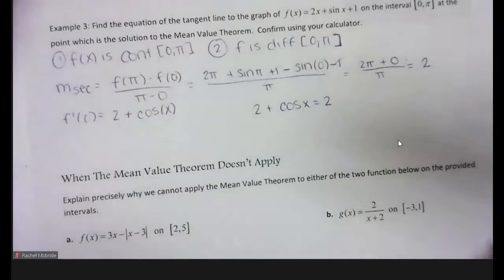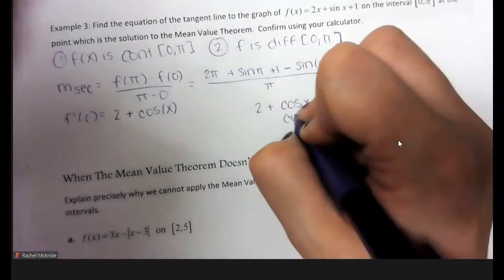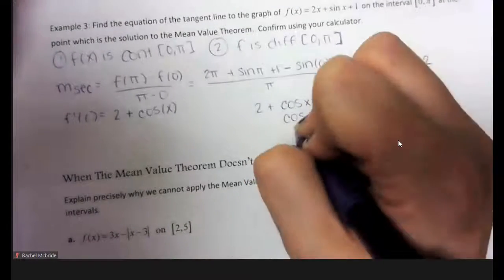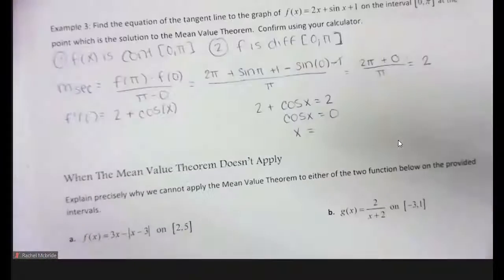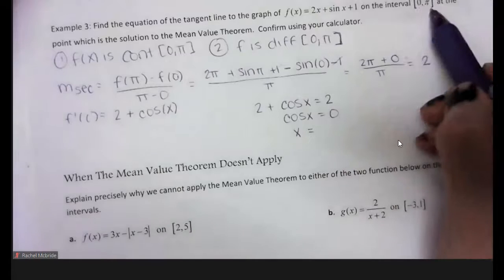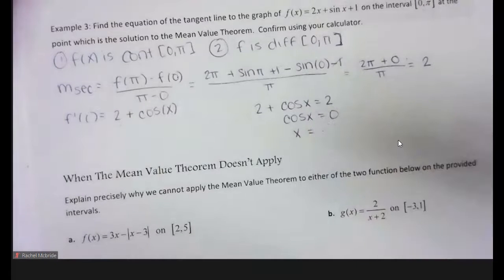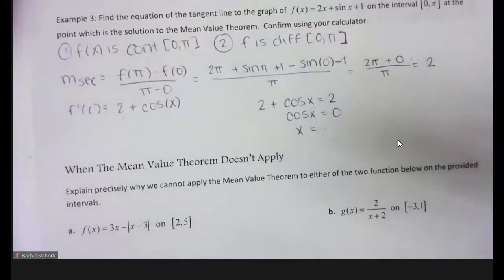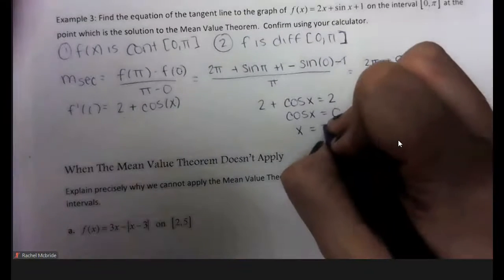Subtract 2 from both sides to solve for x, and you get cosine of x equals 0. So when does the cosine of x equal 0, for what x values? From 0 to pi, it only equals 0 once. Pi over 2, perfect.